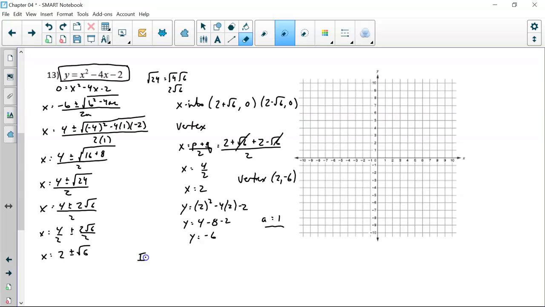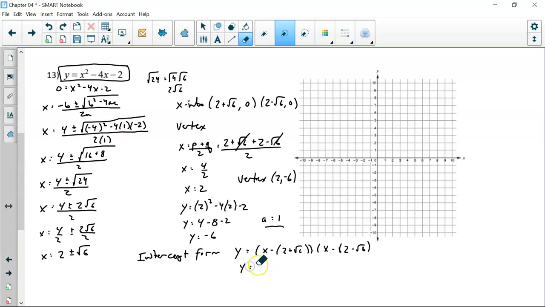For intercept form, it's going to look a bit weird. y equals, a is 1, so we don't need to write it, (x minus the quantity 2 plus the square root of 6) times (x minus the quantity 2 minus the square root of 6).